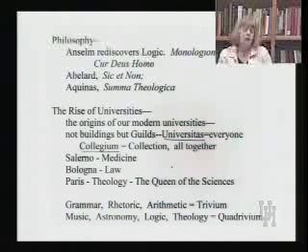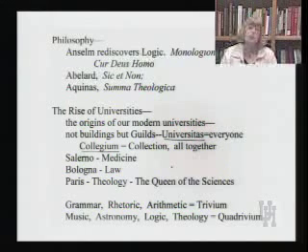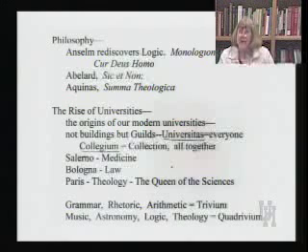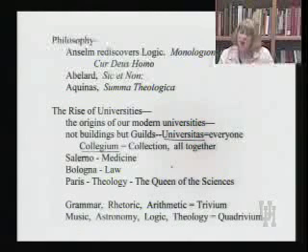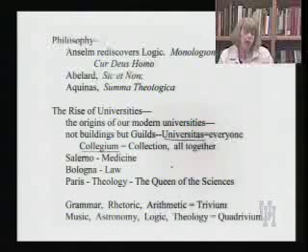The first universities to locate in a city were Salerno. Salerno was the earliest university in southern Italy, and they focused on medicine, and they took a lot of their knowledge actually from Islamic medicine, but they became the great center of the dissemination of medicine.